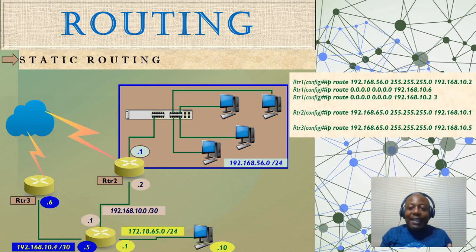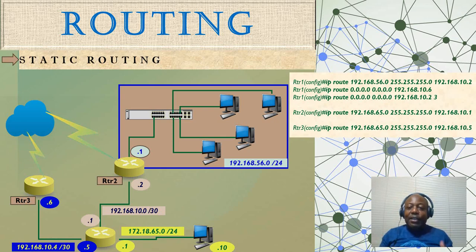And of course, it's directly connected to router 1, as you see on the diagram. Since router 1 knows how to reach router 2, it is going to hand it all the packets destined to the network 192.168.56.0, because router 2 knows how to reach that network.